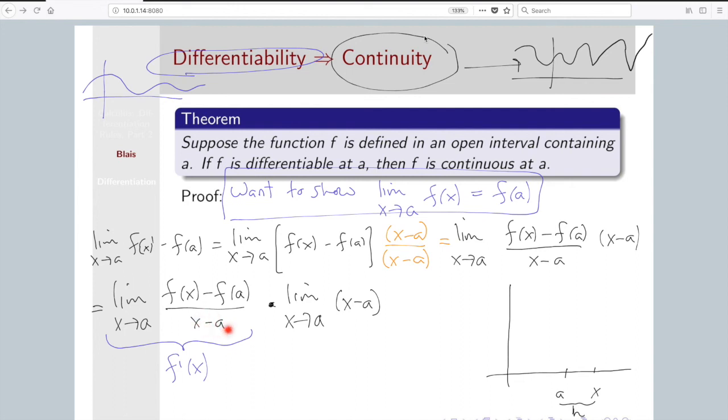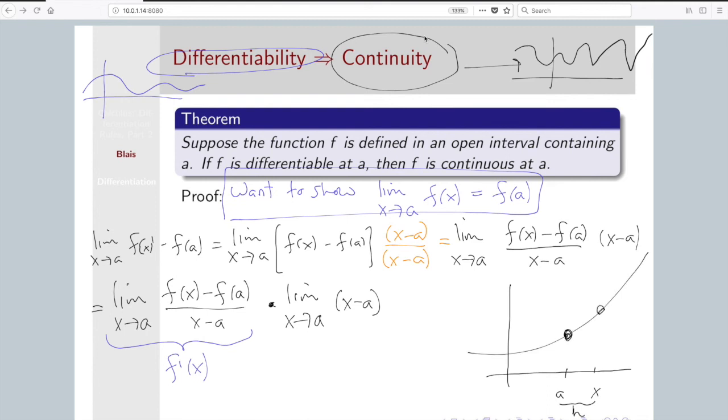So you have your h in the denominator, and then you're letting x approach a, which is just like letting h go to 0. So this is very similar. It's just another way of writing the derivative.